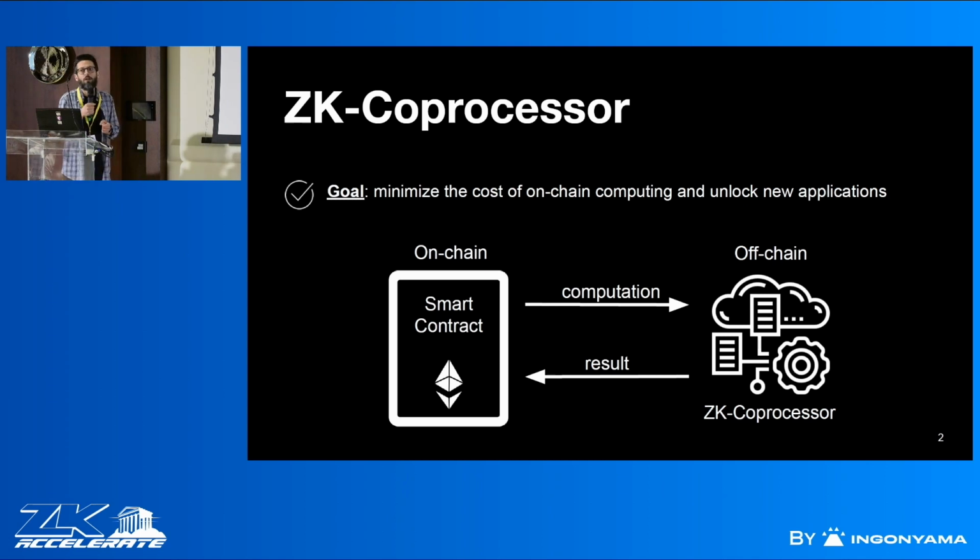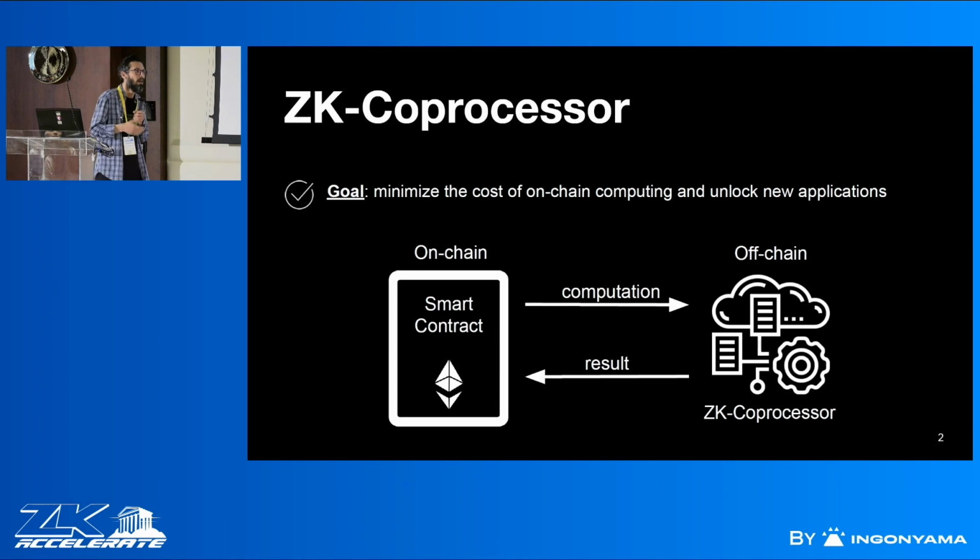I don't know how many of you are familiar with a ZK coprocessor, but there are different definitions that you can find online, on Twitter, whatever. It doesn't really matter. I think one of the main goals of a ZK coprocessor in general is to minimize the cost of on-chain computing.